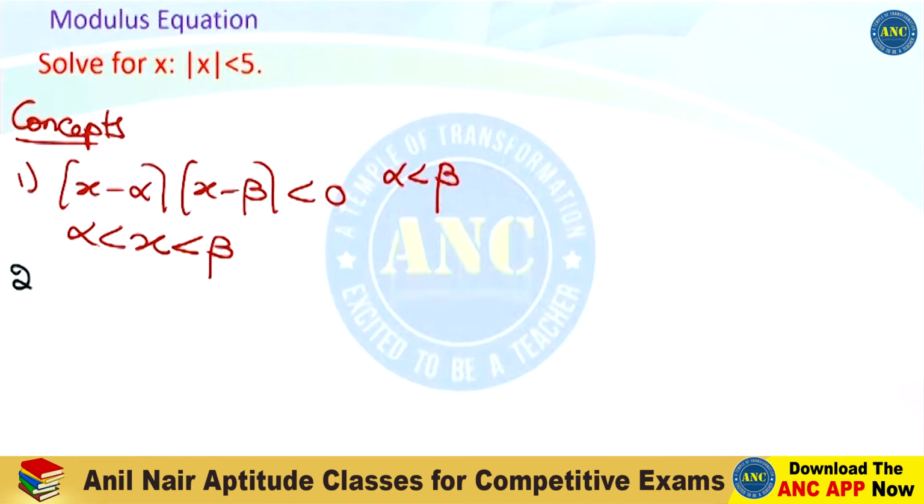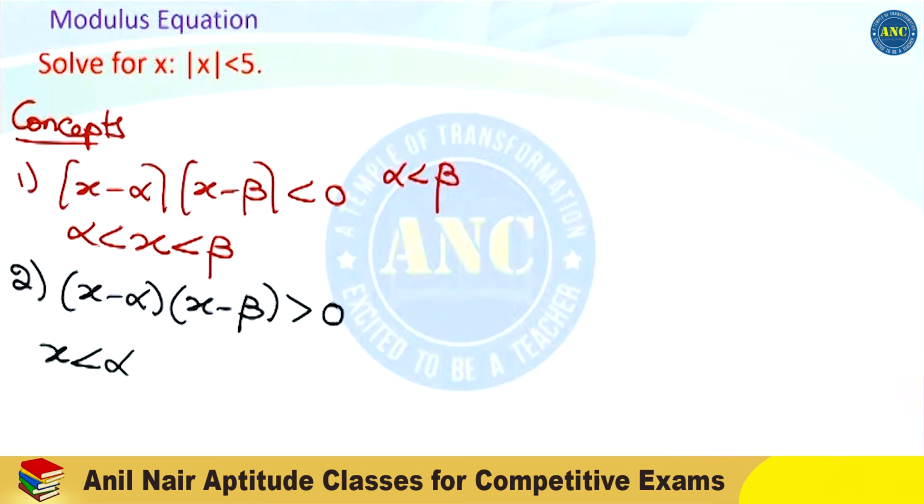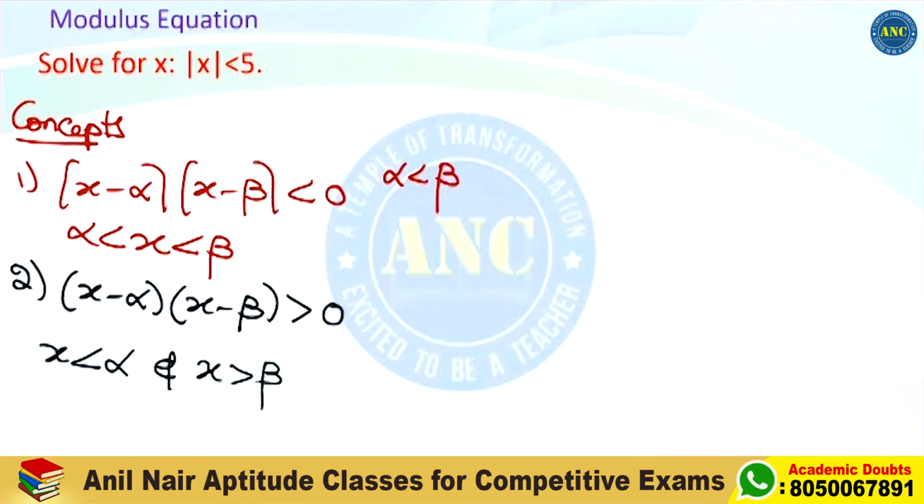Similarly, if (x minus alpha)(x minus beta) is greater than 0, x is lesser than the lesser value and x is greater than the greater value, where alpha is less than beta.